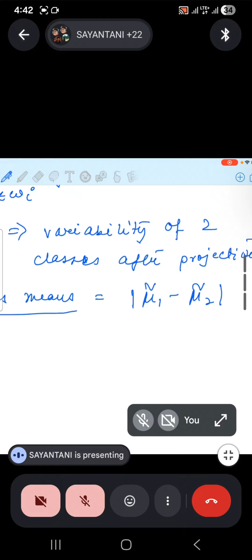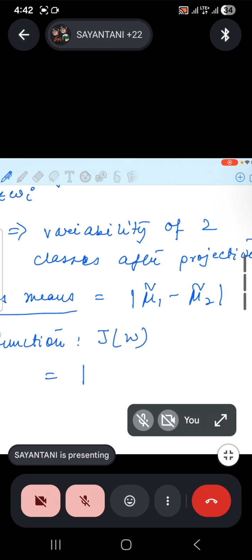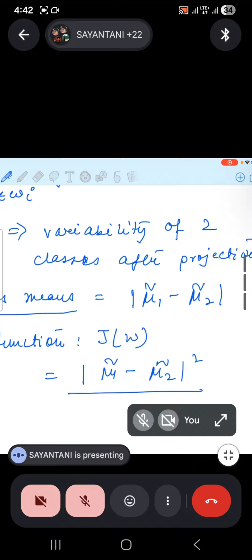Very simple. So I can create an objective function J of W as mu1 tilde minus mu2 tilde squared divided by S1 tilde square plus S2 tilde square, right?